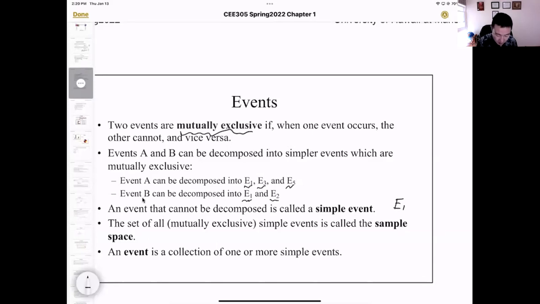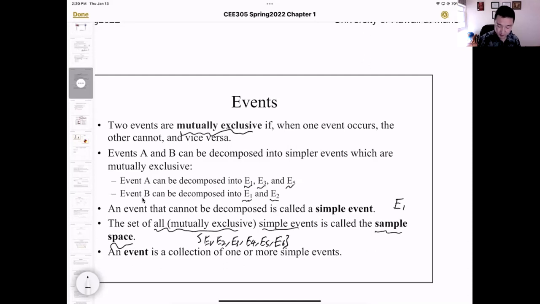The set of all mutually exclusive simple events is called the sample space. The sample space for the experiment of tossing a die includes E1, E2, E3, E4, E5, and E6.